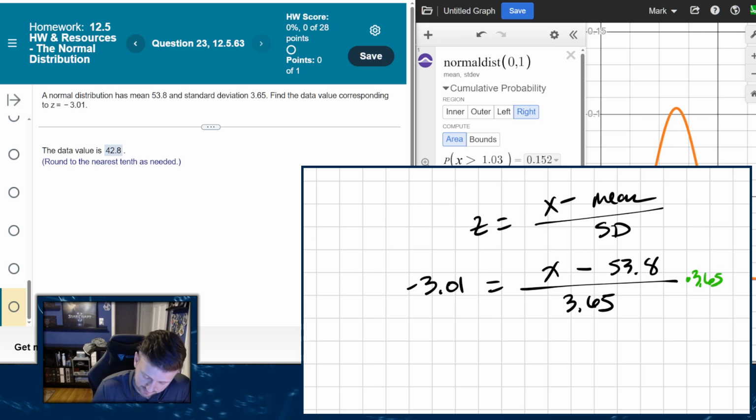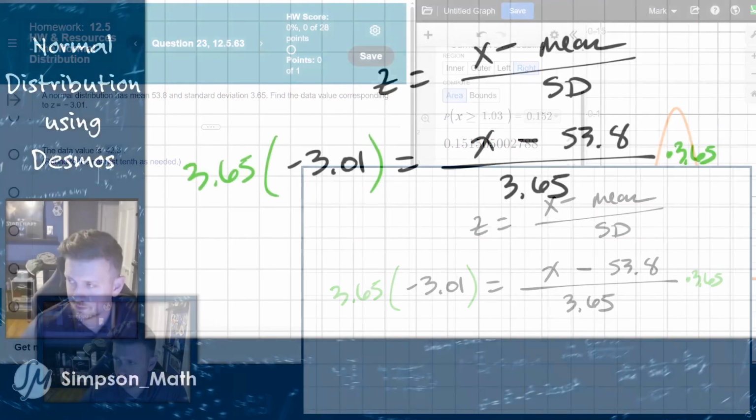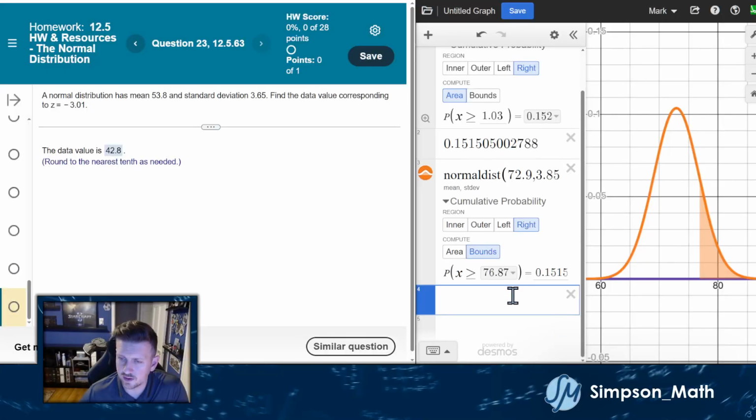As we discussed earlier, we're going to be multiplying by the standard deviation first. We do need to be mindful of our signs. So when I do my multiplication, I'm going to get 3.65 times negative 3.01. A positive times a negative is a negative, so do be careful about that.